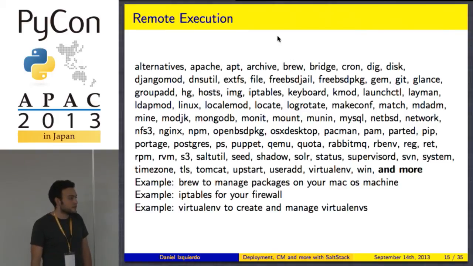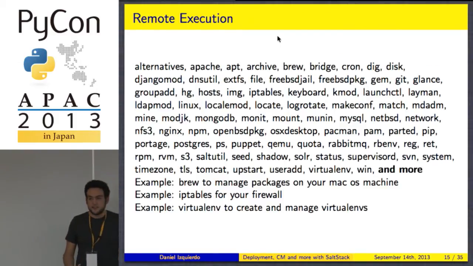Virtual env is available too. You can create in a remote machine a virtual environment and then tell it to install a set of requirements that you have. So this is like a small list. The actual list of modules that's included with Salt is a lot larger.